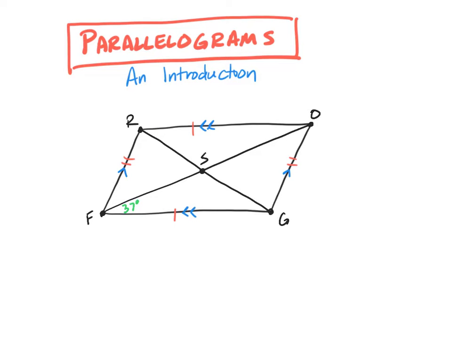These are parallel with a transversal going through it. That means this ROF has to be 37 degrees also. Which means that if this is, say, 45 degrees, that over here has to be 45 degrees.